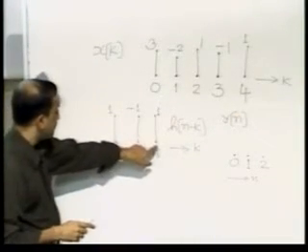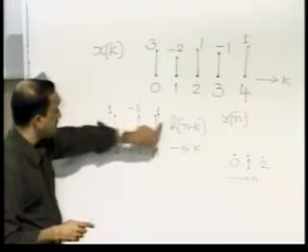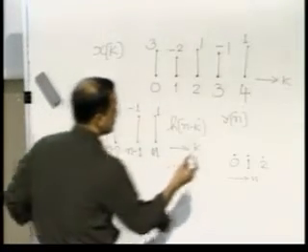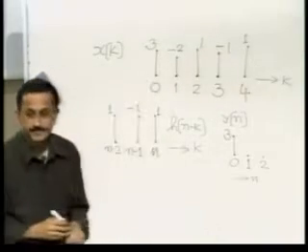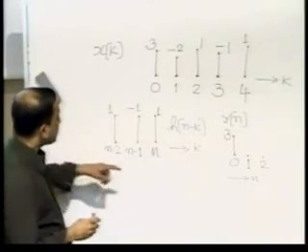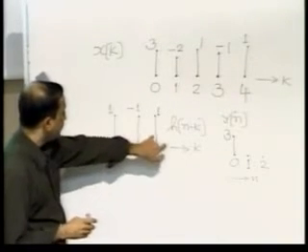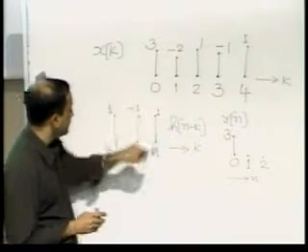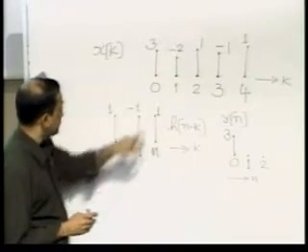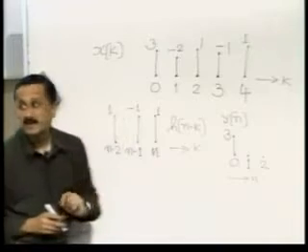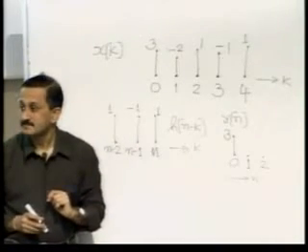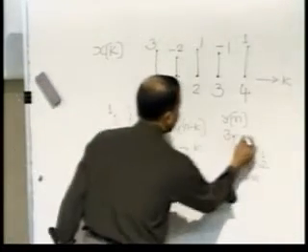What would y of 0 be? There will be only one clash, so 3 into 1, that's 3. So y of 0 is 3. What about y of 1? Y of 1 will have this clashing with this and this clashing with this. So minus 2 into 1 plus 3 into minus 1, that makes minus 5.